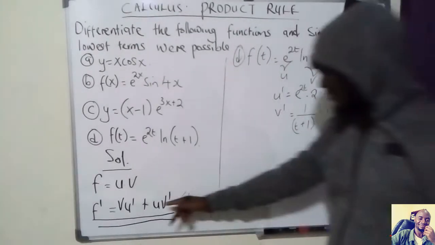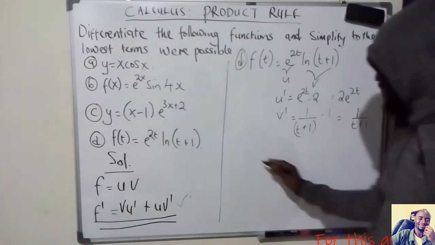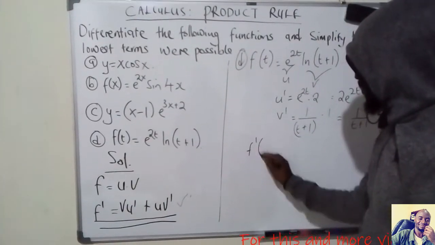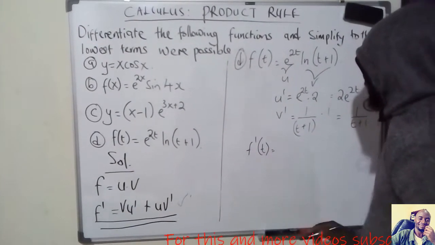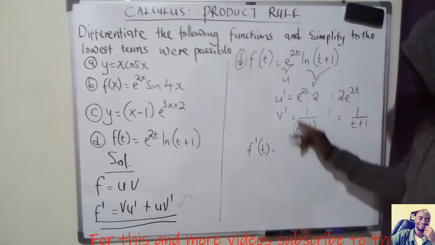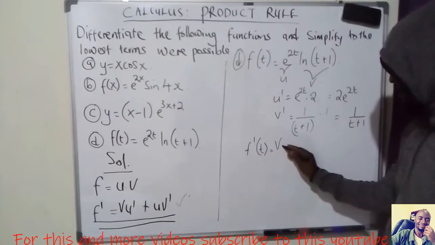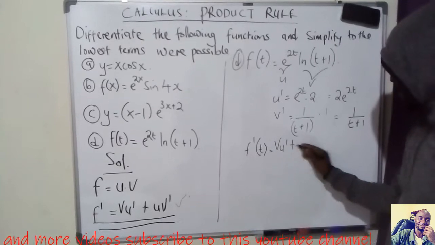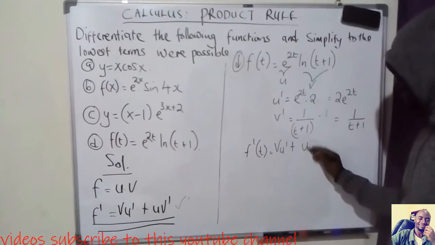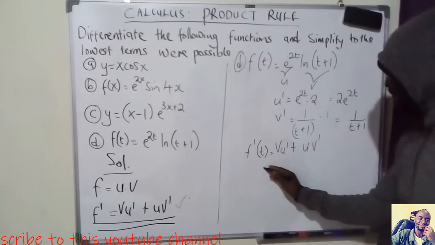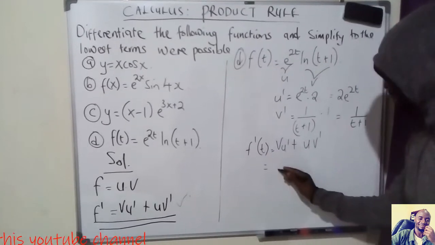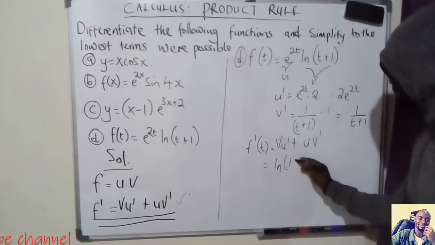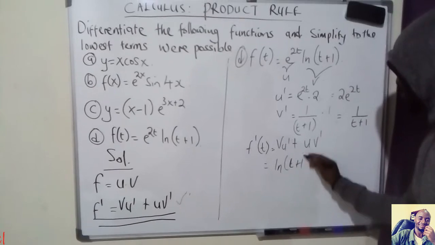Now, I'm going to write my product rule. The derivative of a function of t is equal to v u prime plus u v prime. So what is our v? Our v is ln(t plus 1).